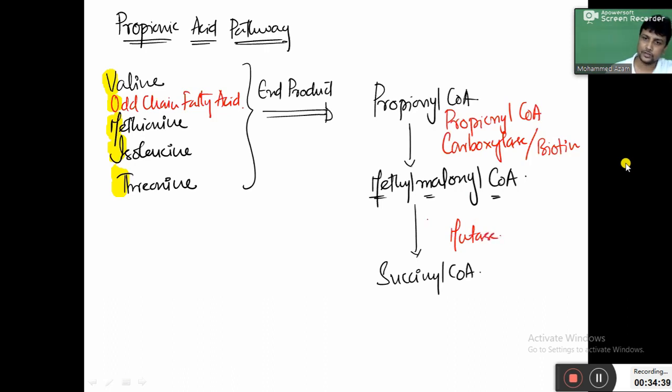The full name here is methyl malonyl CoA mutase, MMC mutase. And my dear friends, this is the second enzyme that requires vitamin B12. That's all. And this entire pathway here will be the propionic acid pathway.